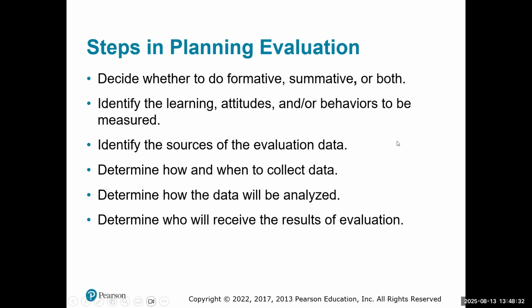So some steps in planning evaluation: decide whether to do formative, summative, or both types of evaluation. Identify the learning attitudes or behaviors to be measured. So that could be knowledge, attitudes, behaviors. Identify the sources of evaluation data. Now, if you're doing a group that involves depression, you might be using the Beck Depression Inventory. So maybe you're doing a group with people who have career concerns and it's based on being depressed.